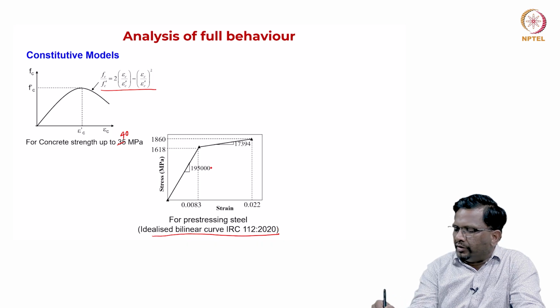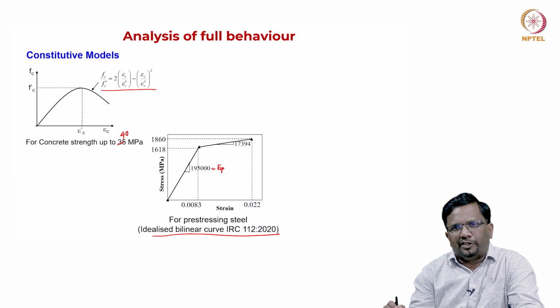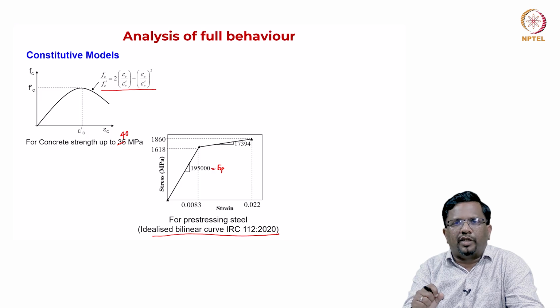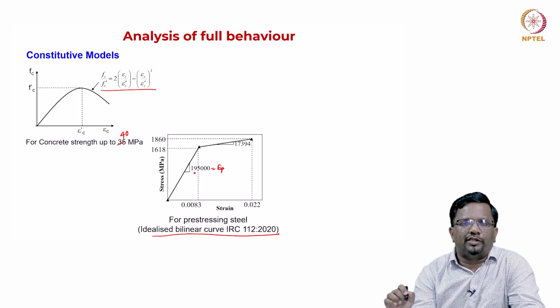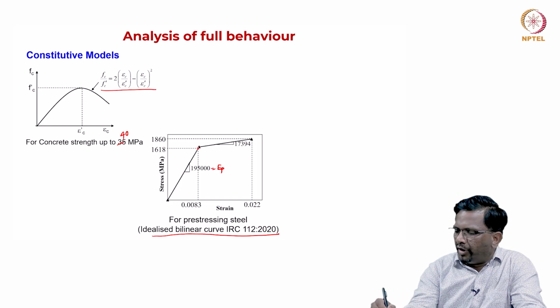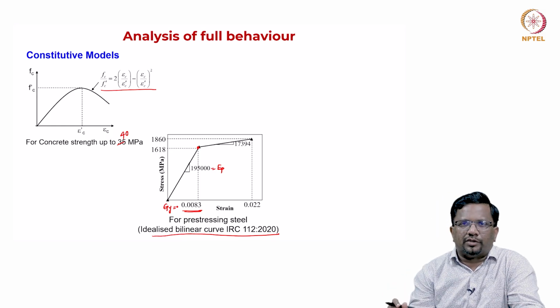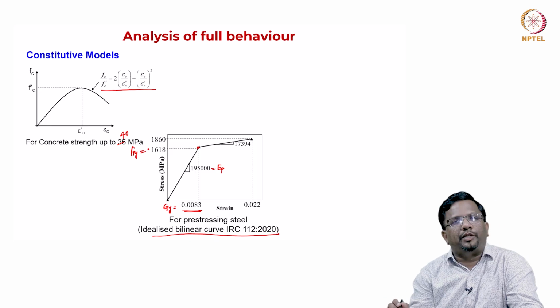So, this is Ep, the elastic modulus for pre-stressing steel. We are going to assume 195 gigapascal, and we have discussed that when you do the production of high strength pre-stressing steel, the elastic modulus slightly reduces. So, instead of 200,000, we are taking 195,000. And you can see here in the bilinear curve, yielding epsilon py happens at 0.0083, a very high strain compared to that of non-pre-stressed steels, and the yield stress fpy is taken as 1618 megapascal.